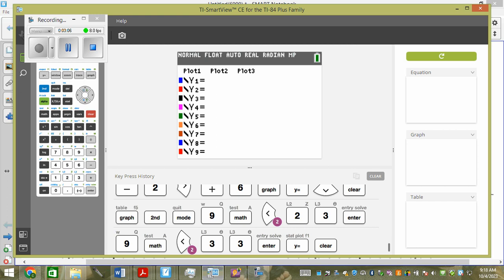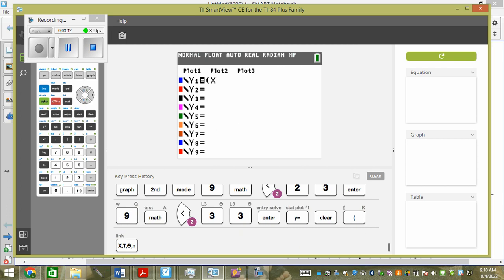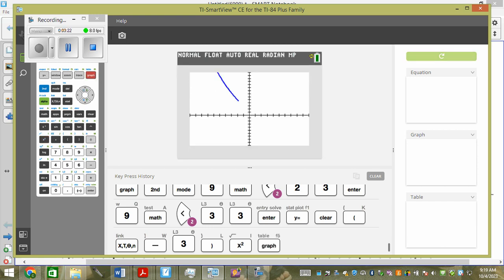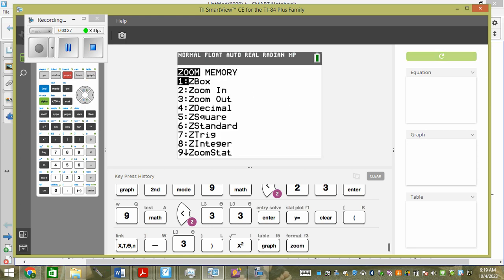Okay, so we're going to just do quadratics for now, because quadratics is where you've lived last year. Okay? So if I go x minus 3 squared, I can't add anything to the back or it's not in factored form, right? So put in x minus 3 squared and press graph. And I'm going to go zoom 6 because I'm not sure what I'm at.